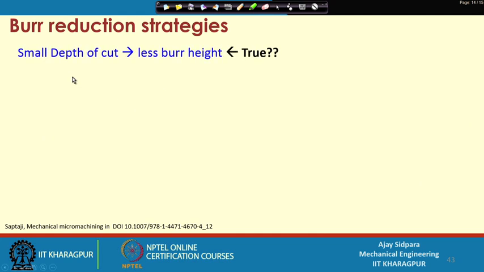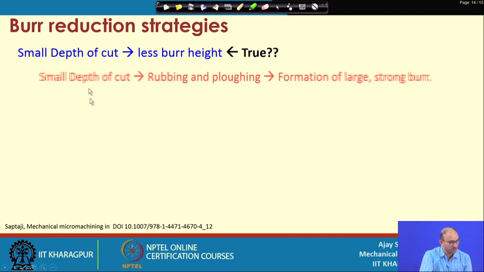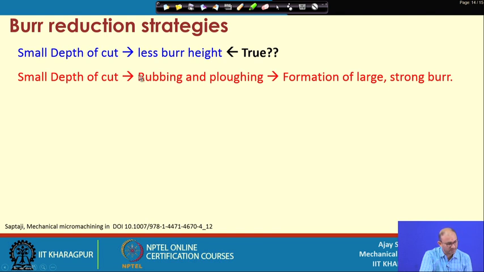If you understand from the earlier slide that if your depth of cut is small, there is a chance that you will get less burr height. But that is mostly not true here, because by changing the depth of cut we get some rubbing and plowing mechanism, since we have to scale the depth of cut with respect to the cutting edge radius.